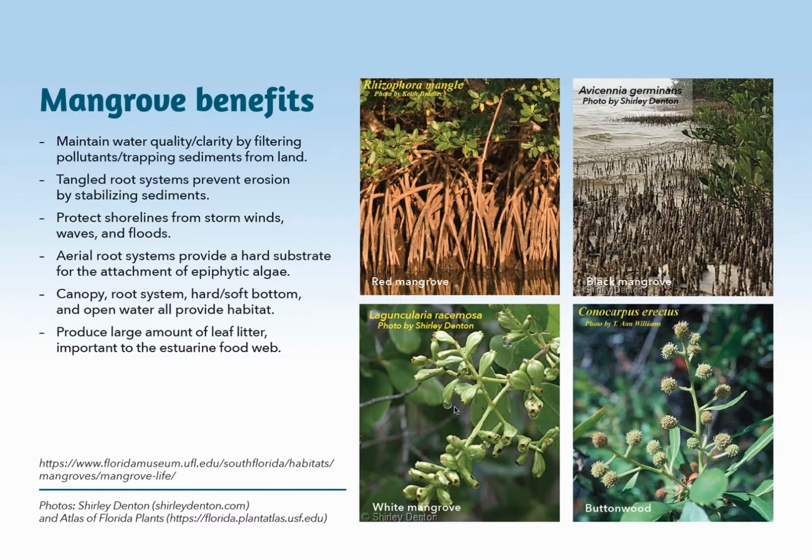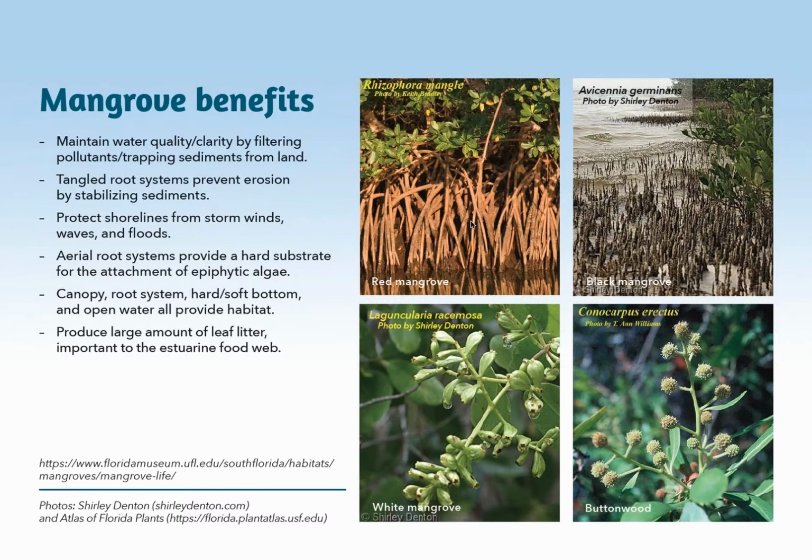Also, these complicated spaces, like the aerial root system of the red mangrove, just like the marsh grass, make lots of places for tiny little animals to live and hide. And the red mangrove in particular, the canopy, the root system, the hard or soft bottom that it's residing in, and the open water around it are all providing habitat. So this is a really, really amazing ecosystem that supports a lot of animals.